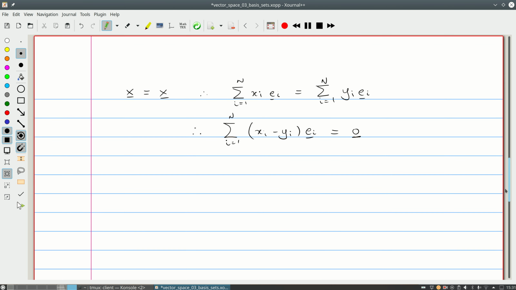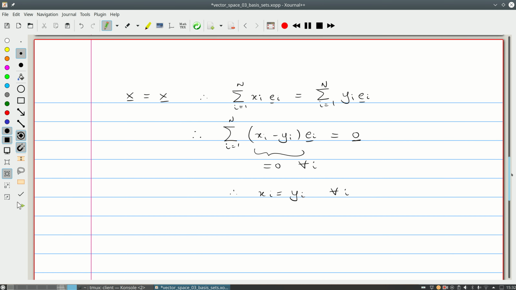And then you look at this and say, one second, these are my basis vectors. I know that the set of vectors ei are a set of linearly independent vectors. So the only way that a linear combination of these basis vectors can be equal to the 0 vector is if these coefficients are all 0 for all i. Therefore, xi is equal to yi for all i. And that's it. That means that these expansion coefficients are indeed unique.